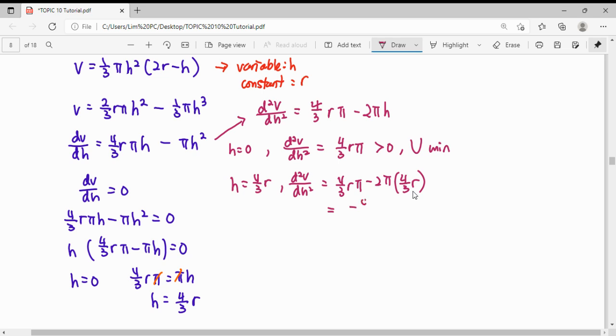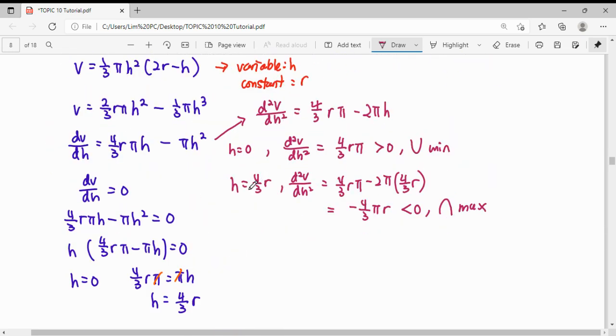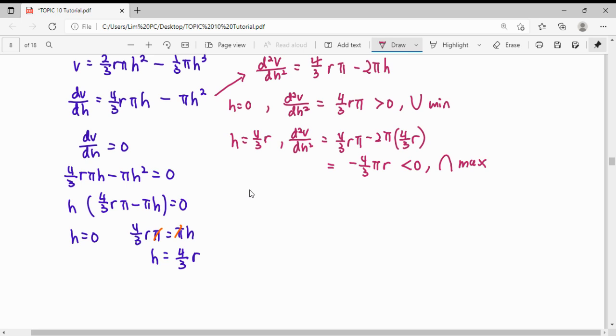We will get negative 4 over 3 pi r. So negative, less than 0. Concavity downward, maximum case. So we already verified our critical value: when we want to find the maximum volume of the cone, h will be equal to 4 over 3 r. So h maximum equals 4 over 3 r.